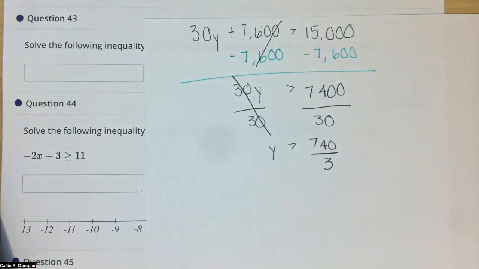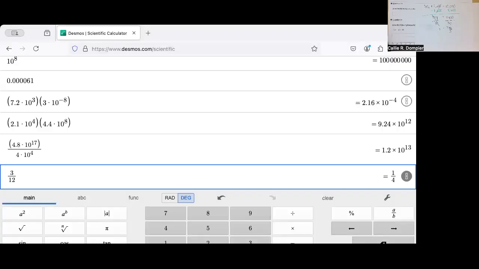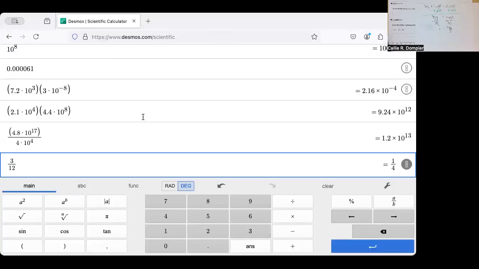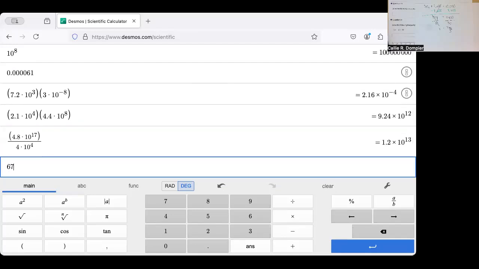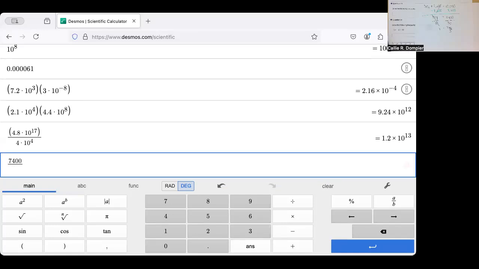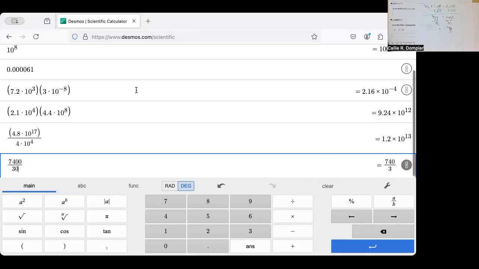You can also do this on Desmos if you do not have a calculator that you like. It'll give you the decimal, but you press this convert to fraction button, and it'll give you the simplest form of the fraction.